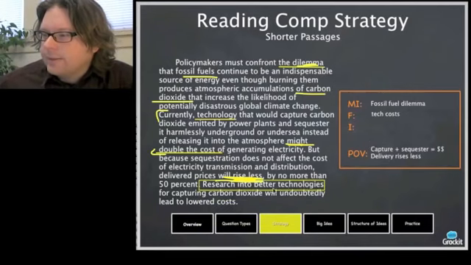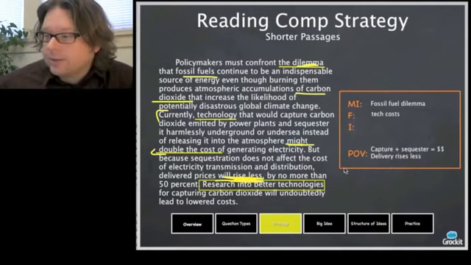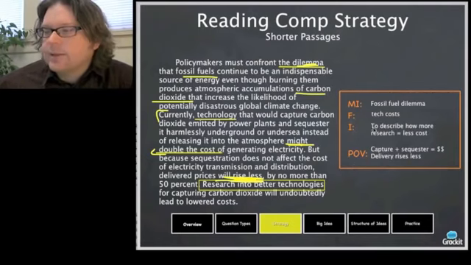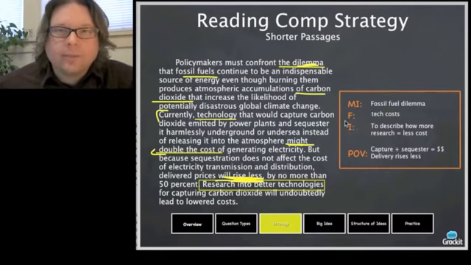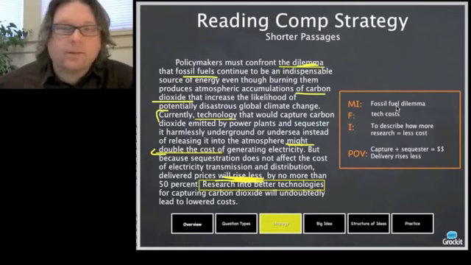Therefore, the intent is probably to argue that more research should be done to reduce the cost of this. And sure enough, the intention of the author of this particular paragraph was to describe how more research could reduce the cost in the specific area of the tech costs of the fossil fuel dilemma.